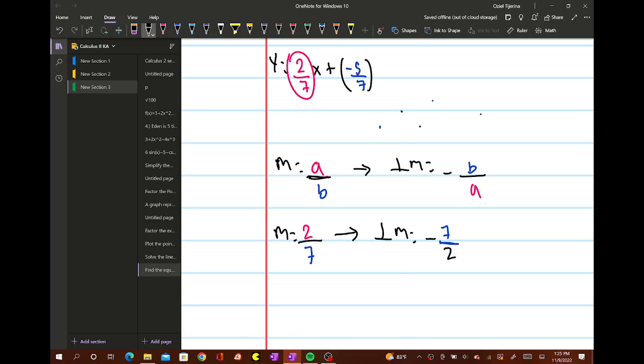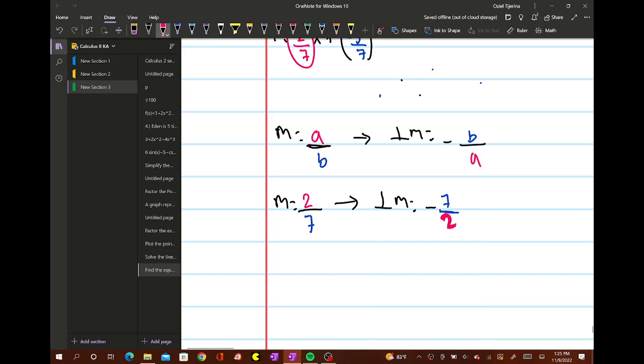I know that took me a little bit, it's a process, guys. That's for those of you that don't know how to find a perpendicular slope: negative 7 over 2.